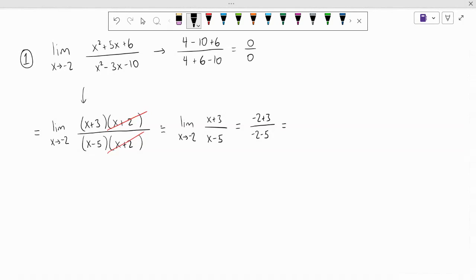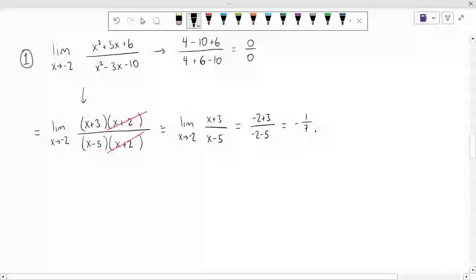So it looks like the limit is going to be equal to 1 over -7, so -1/7. This is one strategy for how to deal with a 0 over 0 indeterminate form. If it's just working with polynomials like this, just factor them, cancel, and then after you cancel, you can plug in the value for x.